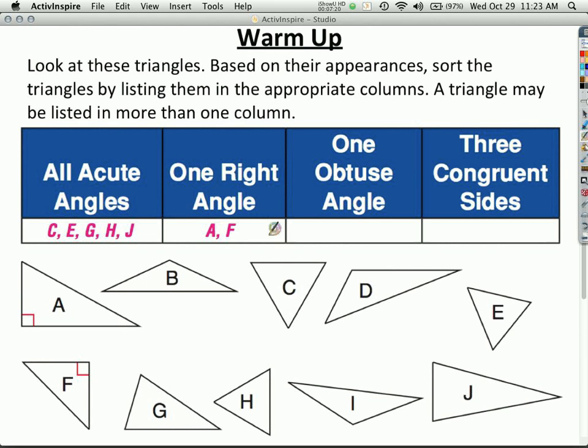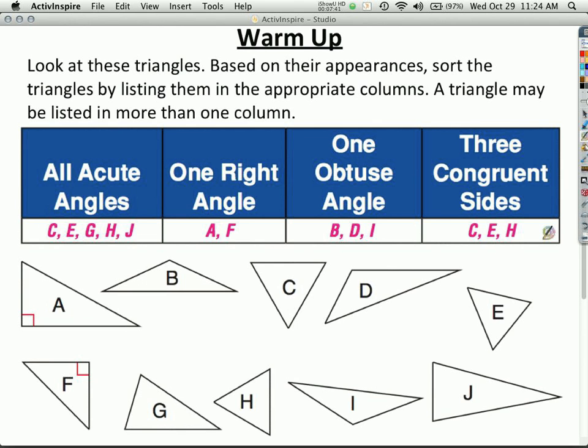Eric? D, B, and I. Did the whole team agree? Yes. B, D, and I. Very good. And Team E. Kalasia, what did your team think for 3 congruent sides? C, E, H. Did your whole team agree? C, E, and H. Very good.